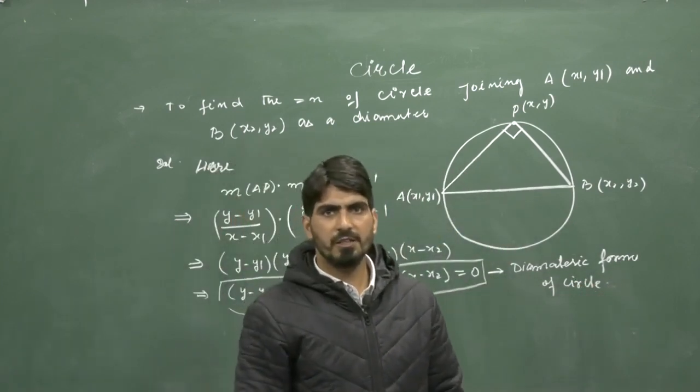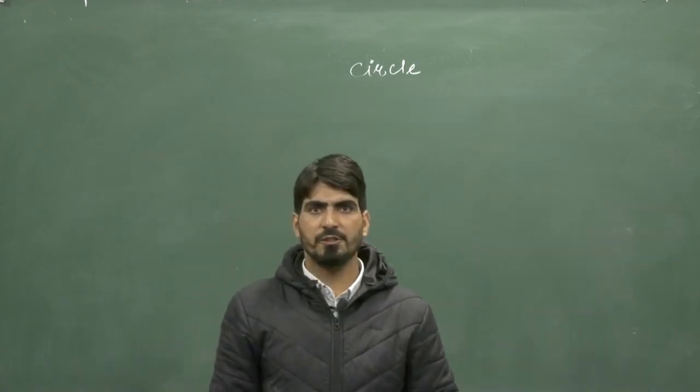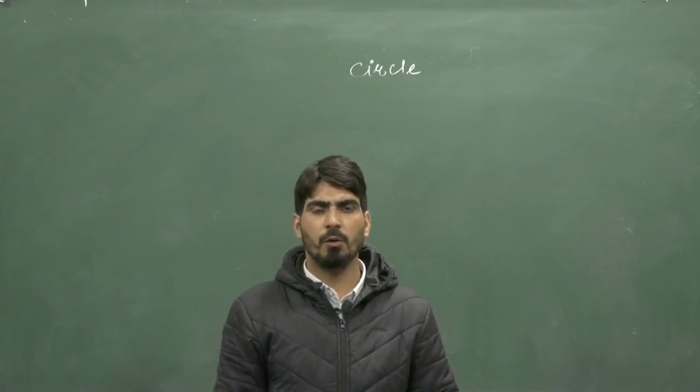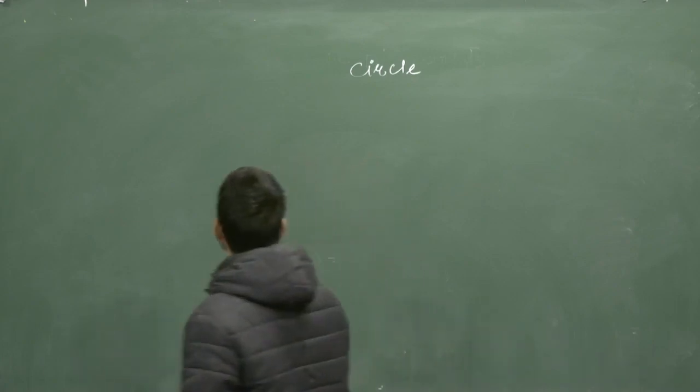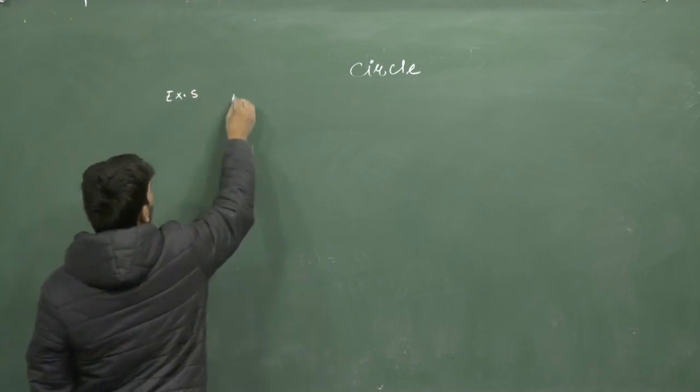Now let's take some examples related to this form. Let's take an example related to the diametric form of the equation of a circle. So this will be example number 5.